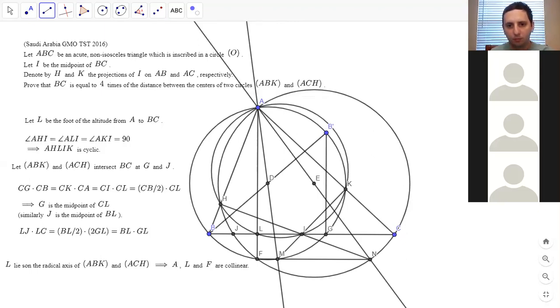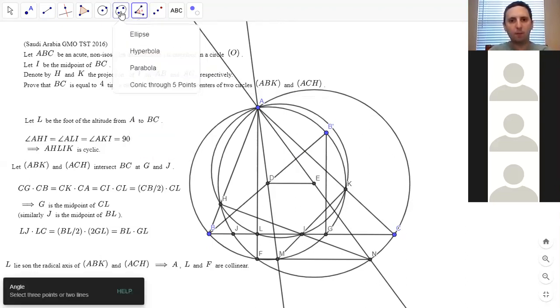Can you connect those segments? Like DE is the perpendicular bisector of B prime G. Oh yeah. So DE is the perpendicular bisector of B prime G, since it passes through the midpoint of a segment and it is parallel to the other side.